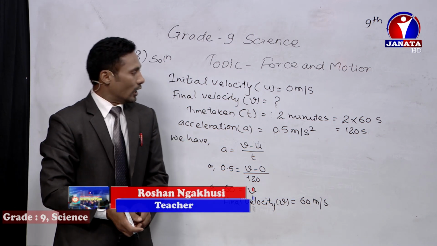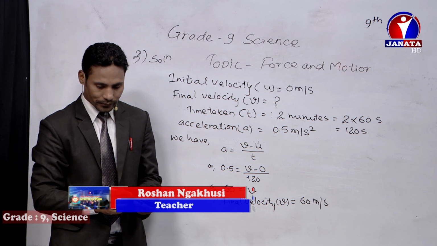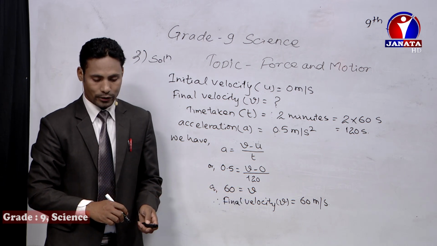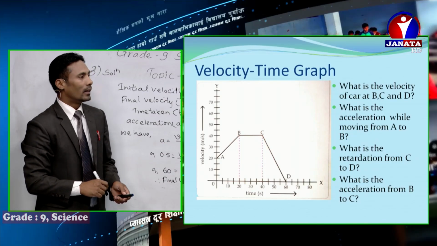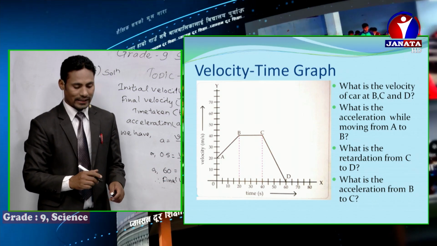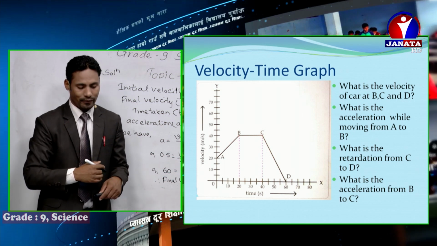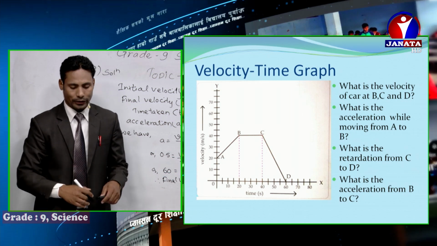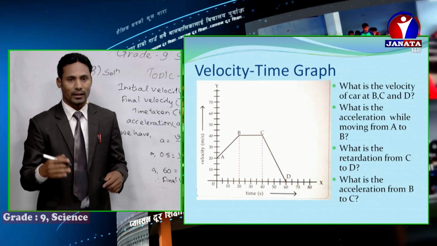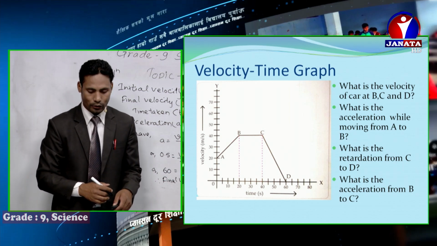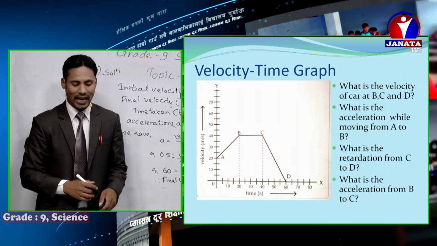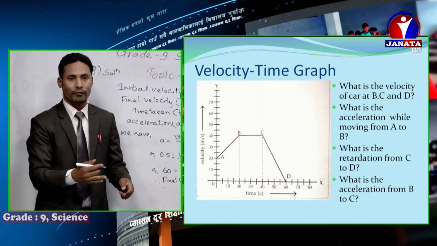There is one question given on the screen, so you can check on the screen also. This we have discussed previously. There is a velocity time graph and some questions. I will read the questions and you can check yourself, and remember the answers because we have discussed this previously. What is the velocity of the car at point B, at point C, and D? The values are given on the graph.